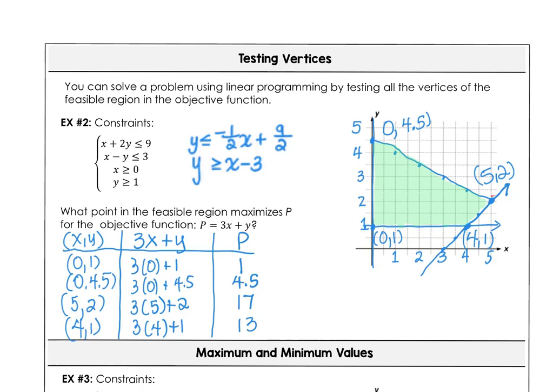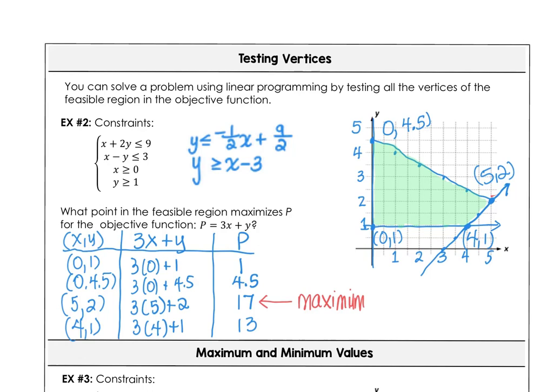And our final step in that procedure was to determine the maximum, which is the highest value, or the minimum, which would be the lowest value, by using substitution. So what point of the feasible region maximizes? The question is asking us to maximize, and we can see the maximum value is 17.